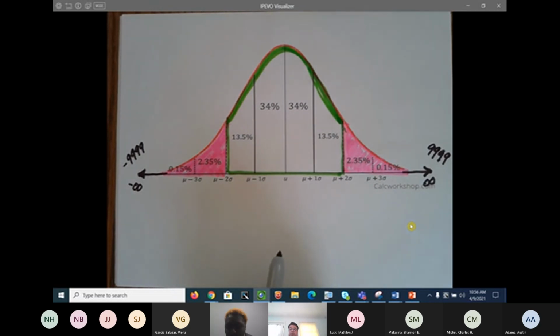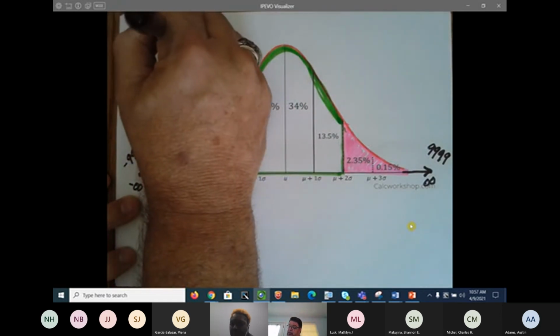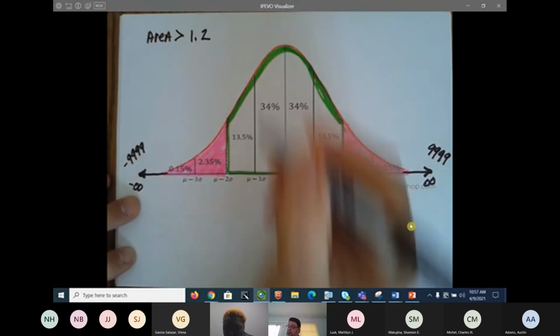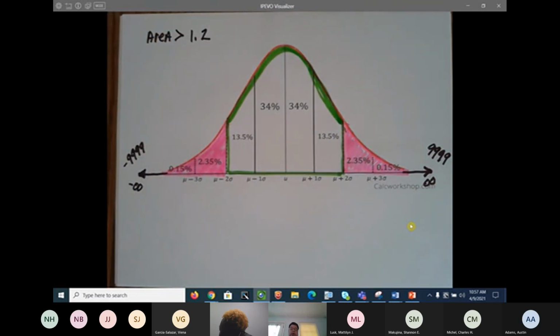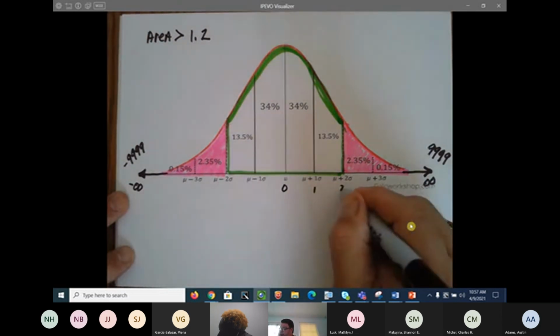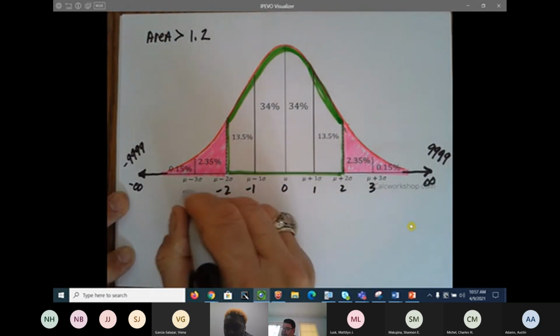Okay, so I'm going to put 3 things on. I only got 4 minutes, so I'm going to just show you how to do 1 or 2 of these. I want to find the area greater than 1.2. Where is 1.2? Well, in 7.1, 0, 1, 2, 3, -1, -2, -3.